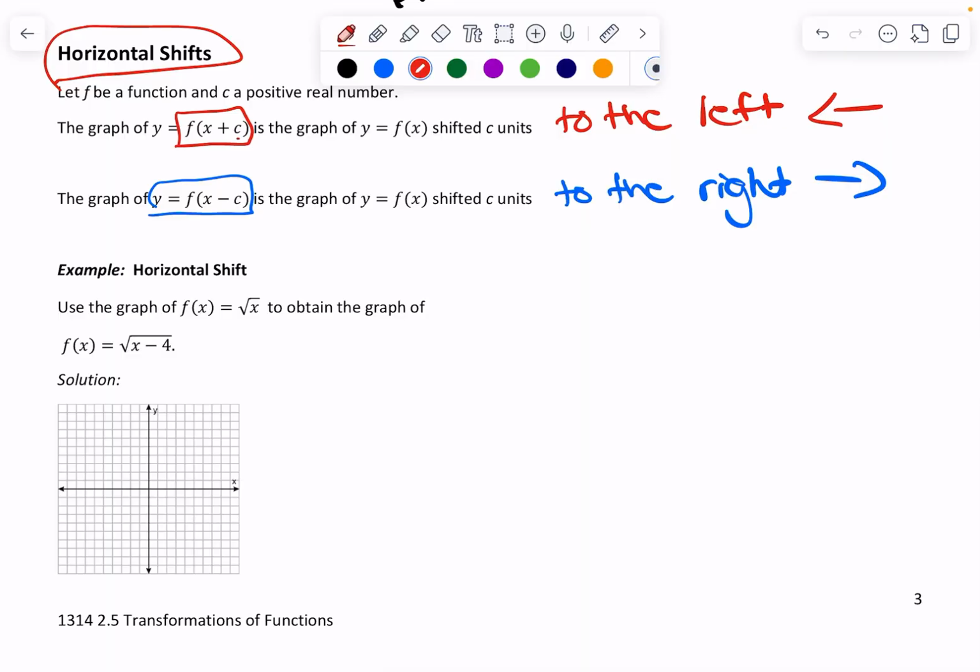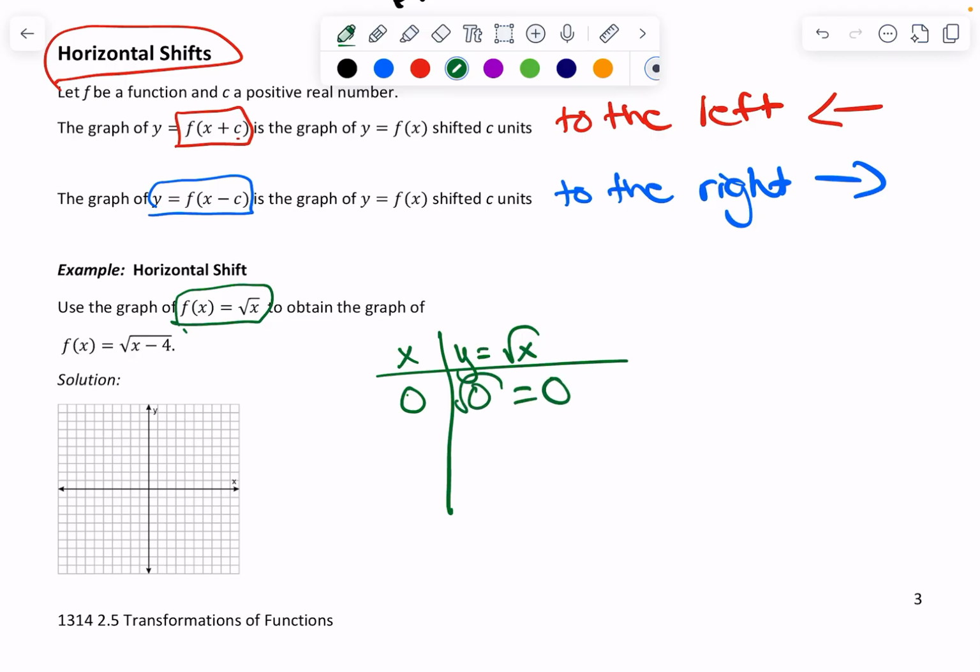We have a square root. The parent function is square root of x. So we're going to go ahead and do the table so that we know what we're graphing. If x is 0, it's going to be the square root of 0, which is 0.